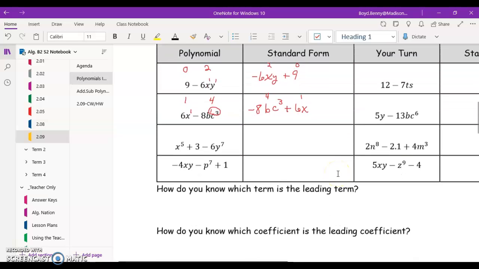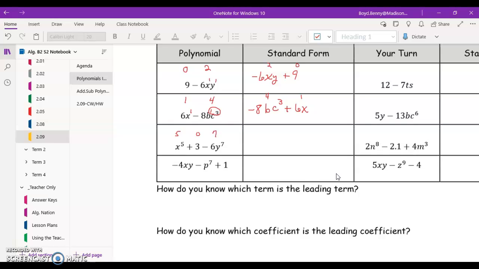Okay, let's move on. So now let's look at these terms. This monomial, this term right here, is a degree 5. You have to look at each term. This middle term, the 3, the constant, is a degree 0. There is no variable, therefore it's a degree 0. Constants are always a degree 0. This term has a y to the 7th power, therefore it's a degree 7.